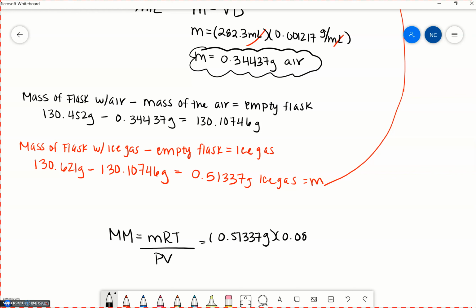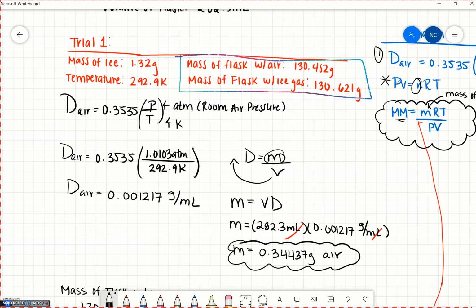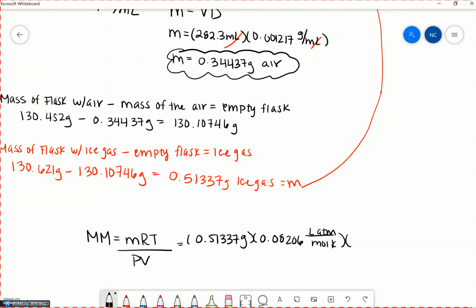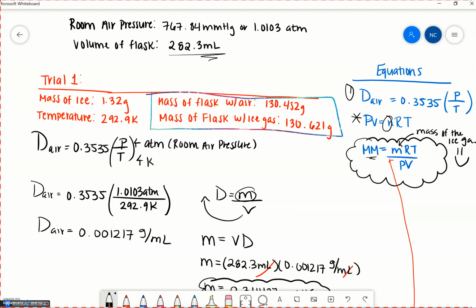R is 0.08206. And then the temperature is up here, it's 292.9. Divide that by the pressure, which is the room air pressure in atmospheres. You can just say it's 1 atm. And then the volume is up here, but you want it in liters. So just move the decimal over 3 times.